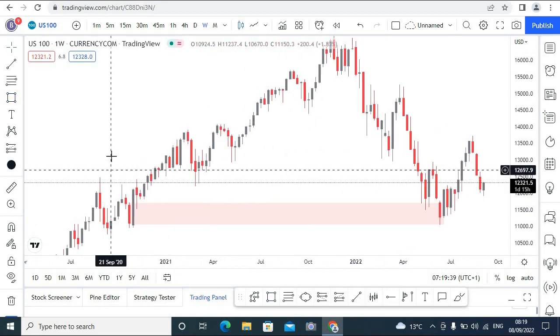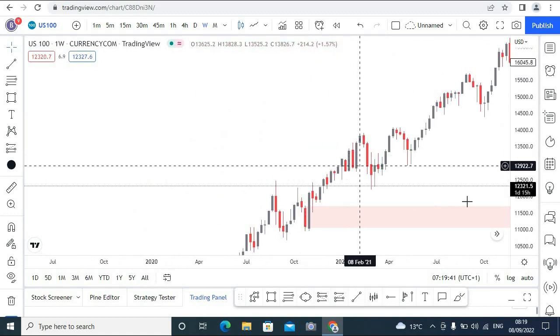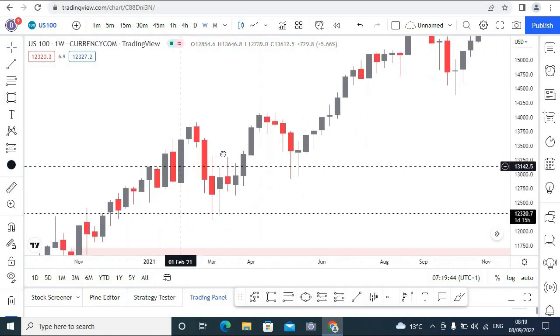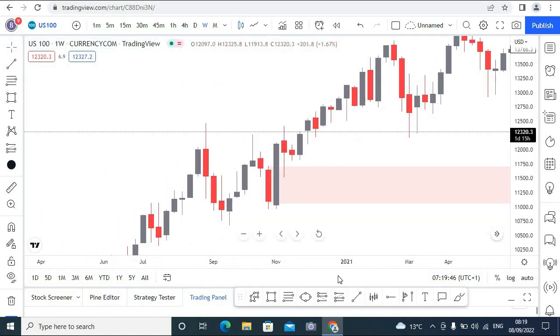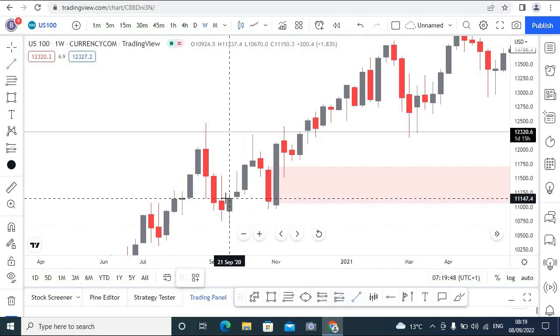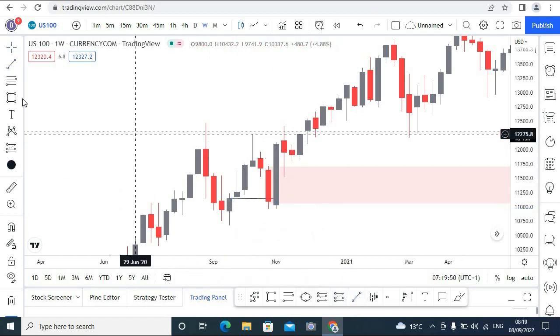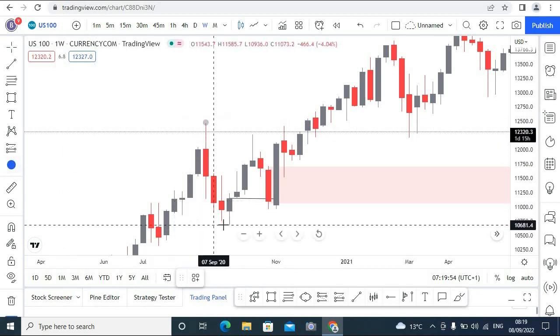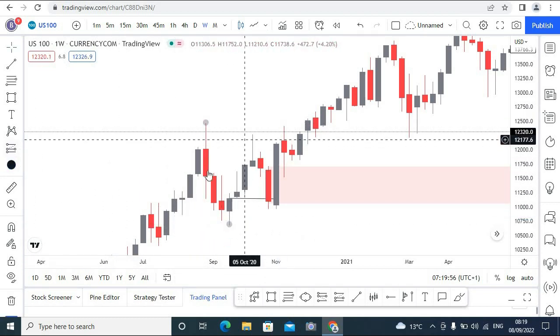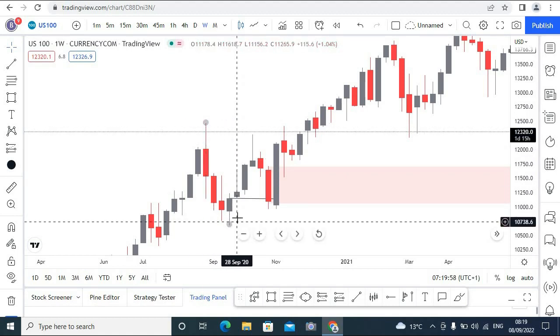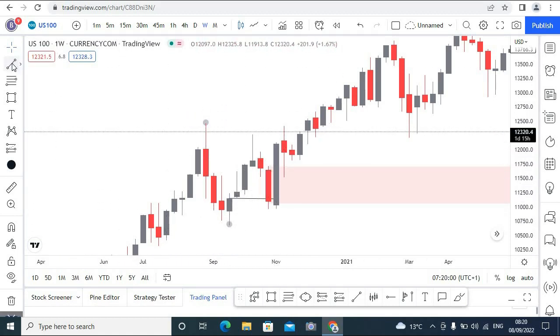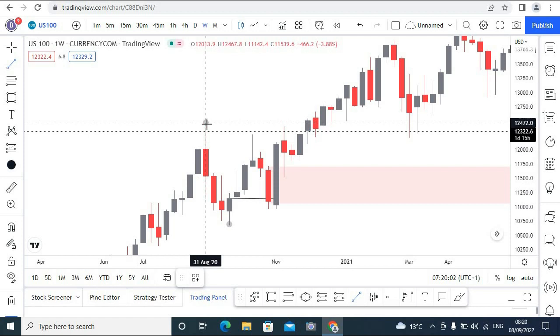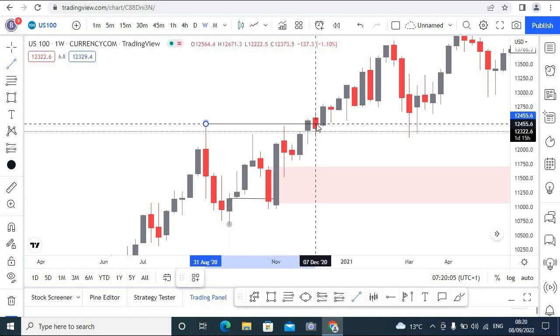And the next thing which you have to understand now, you just have to go to your left side and then understand the structure here. As you can see, we did have a swing high. We also did have a swing low, and anything between a swing high and a swing low is a substructure. This was our swing high being taken out right there.